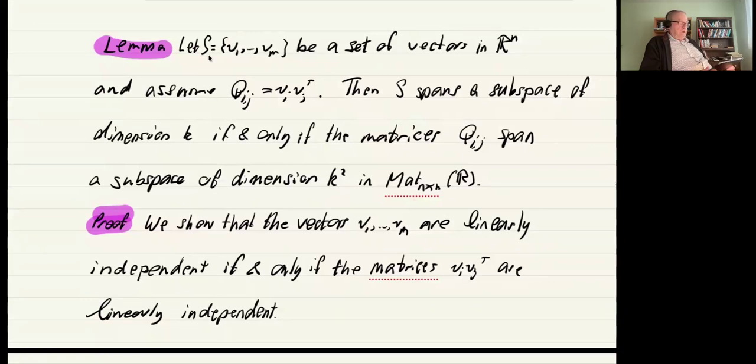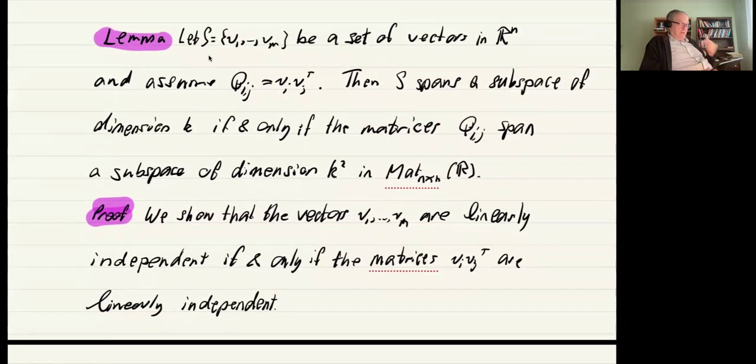Now, it's easy enough to stare at this for a bit and decide it's not surprising, but we'll go through a proof. To prove it, it's enough to show that if the vectors v1 through vm are linearly independent, then these matrices are linearly independent. Since there are m of these and m squared of these, we get the result.